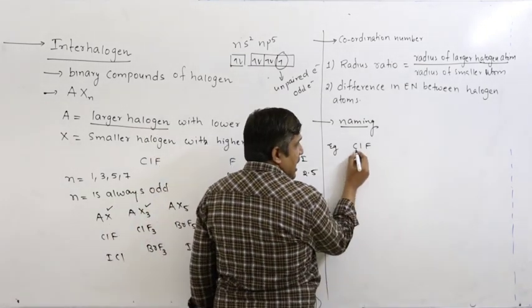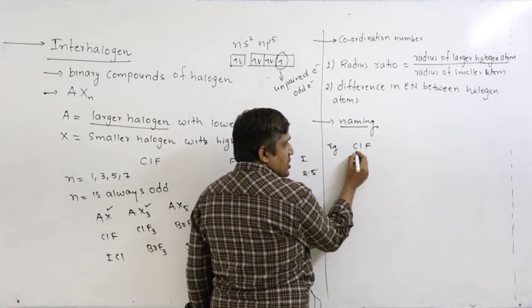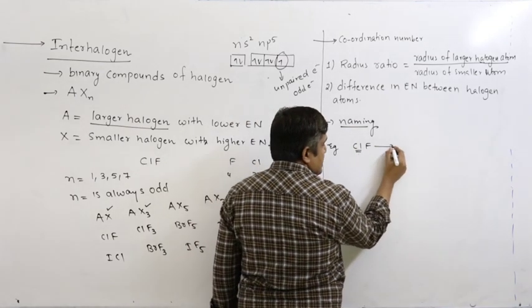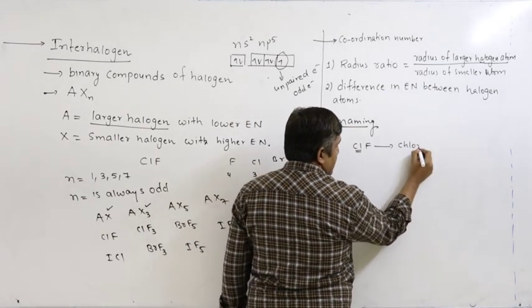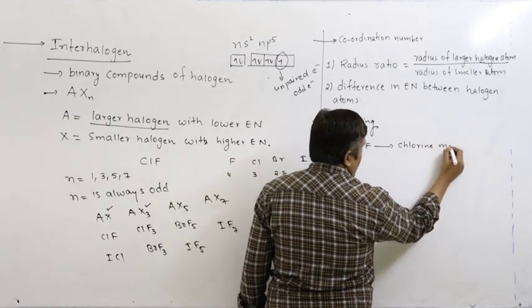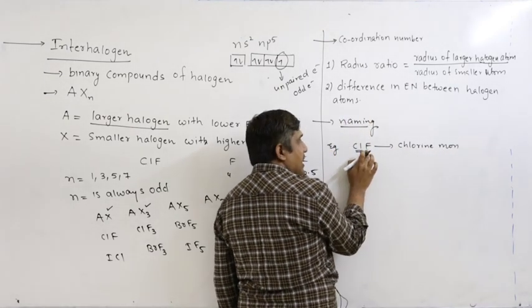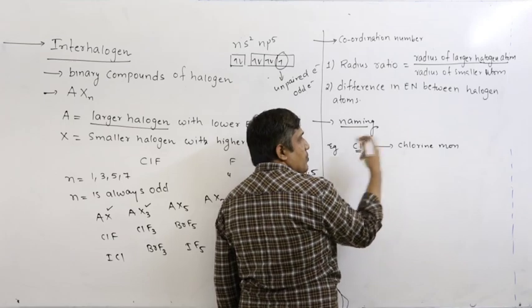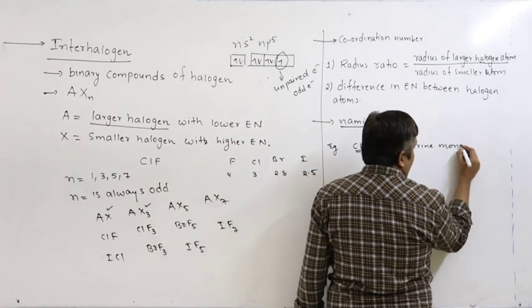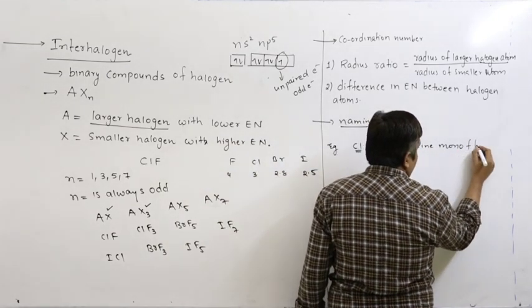So how to name this? Halide of central halogen atom. The central halogen atom is chlorine, so it is named chlorine monofluoride. Fluorine is the halide, therefore fluoride. Chlorine monofluoride.